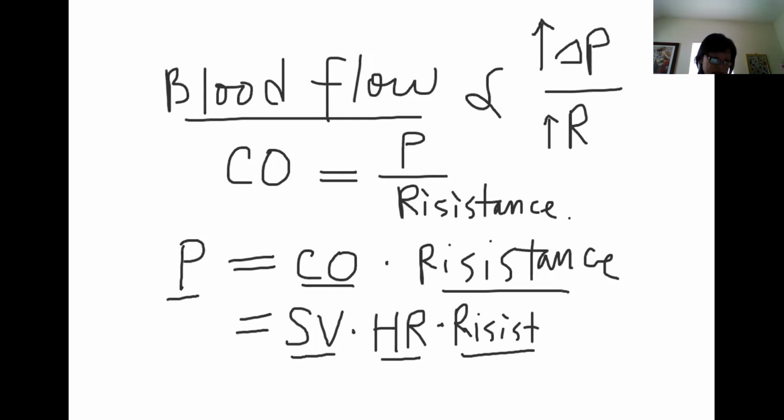That is the pressure regulation. So this is a quick review, and let me see if I can clear my drawing. Yes, okay. Now we can talk about the actual mechanisms.